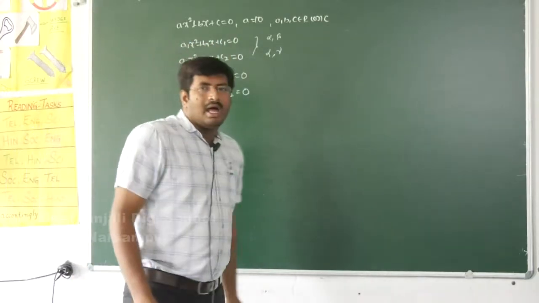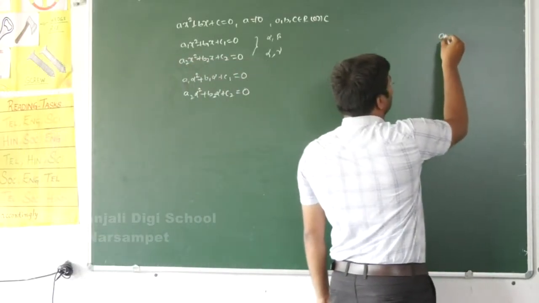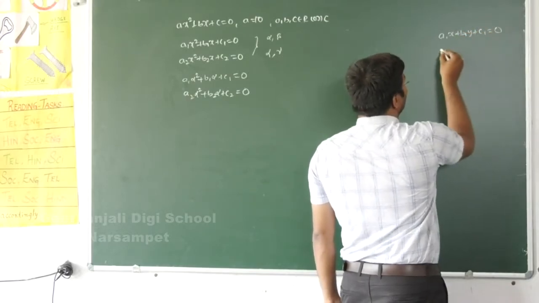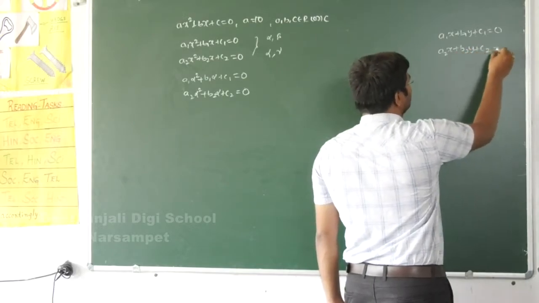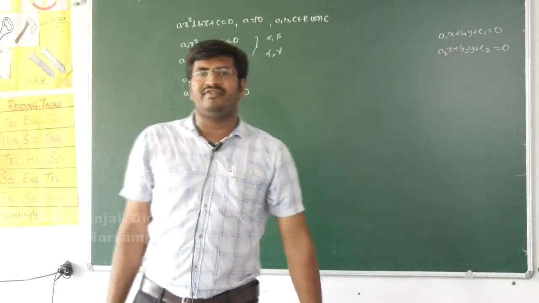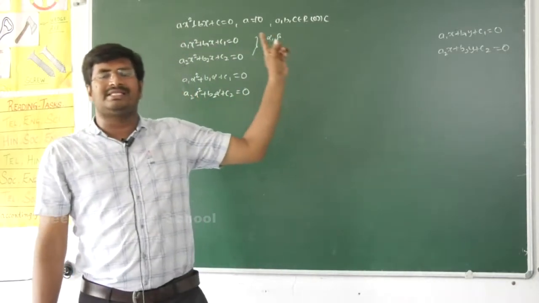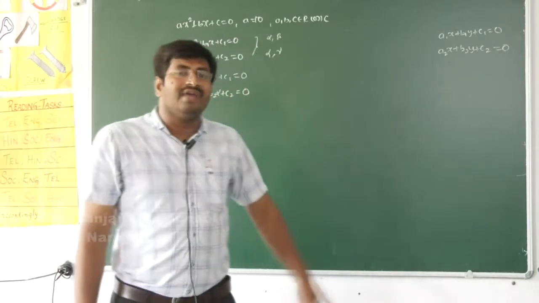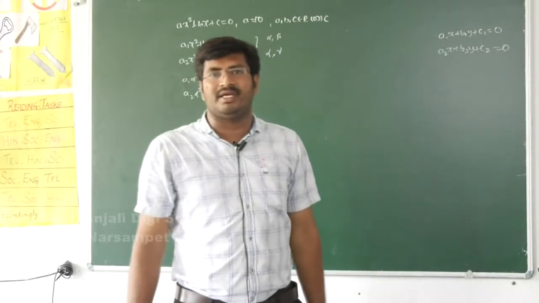Now, previously we learned the pair of linear equations in two variables, a1x plus b1y plus c1 is equal to 0, a2x plus b2y plus c2 is equal to 0. To find the x and y values, we have one method, the cross multiplication method.